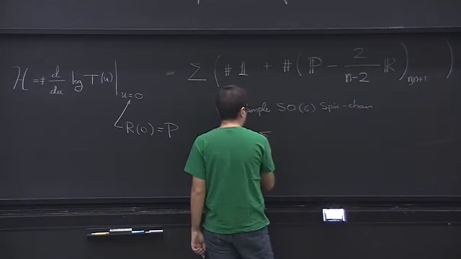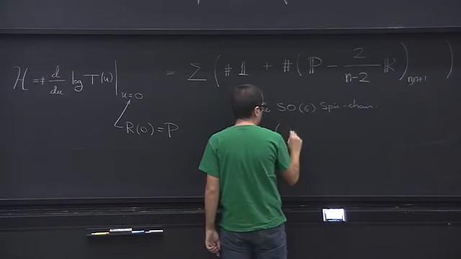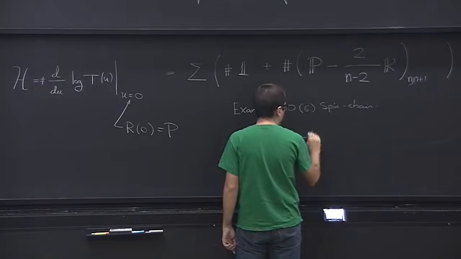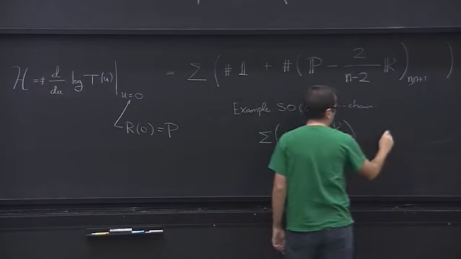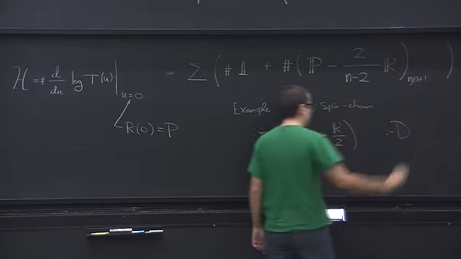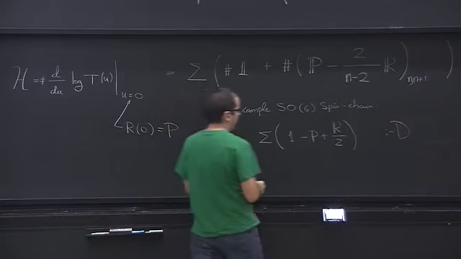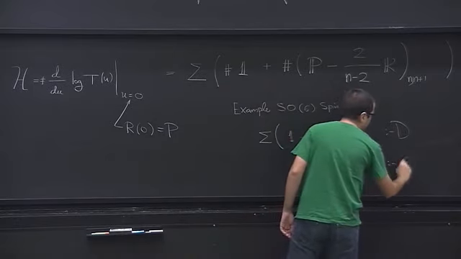Then a Hamiltonian, which would be a sum of identity minus permutation plus k over 2, would be awesome. I'll put a smile here. But if someone would give me a Hamiltonian with a minus here, it would be terrible.